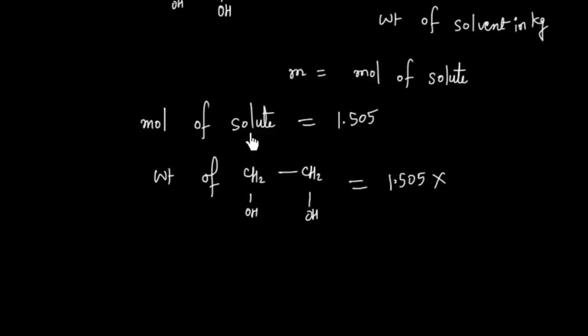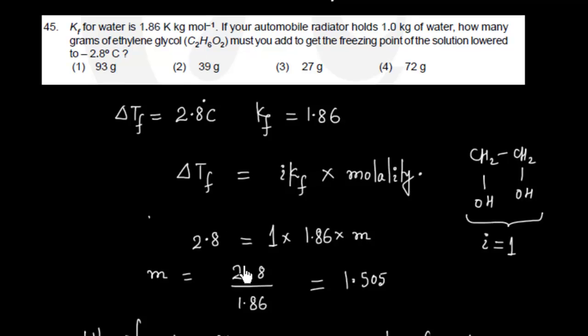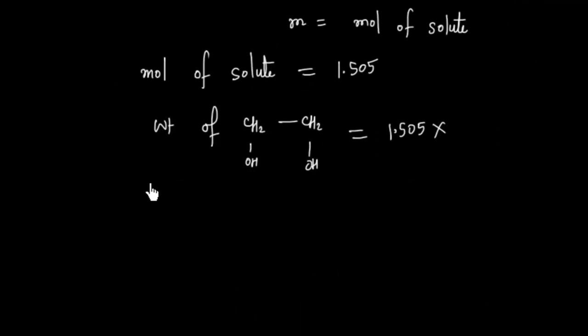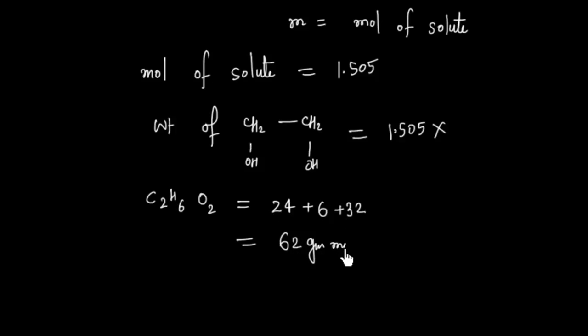So we have the formula C2H6O2. The molecular weight will be 12 into 2, 24, plus 6, plus 32, so 62 gram per mole. This is the molecular weight. So we have to multiply this by 62.